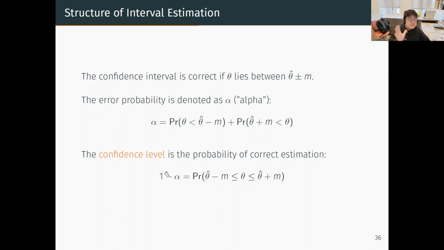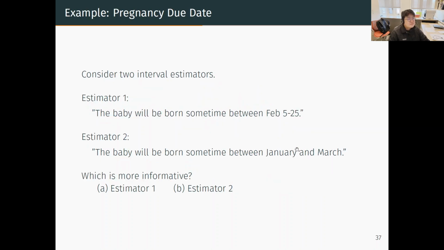The probability that your estimator is correct is denoted as 1 minus alpha, called the confidence level. Literally, it is the probability that your true parameter is in between the lower confidence limit and the upper confidence limit. Then your interval correctly contains your parameter, which means you are correct. Okay, now the setup is correct.